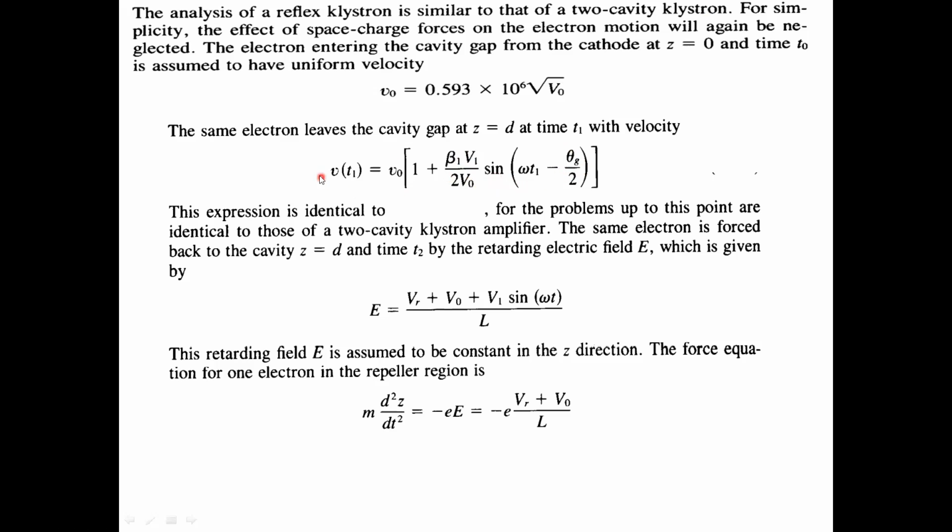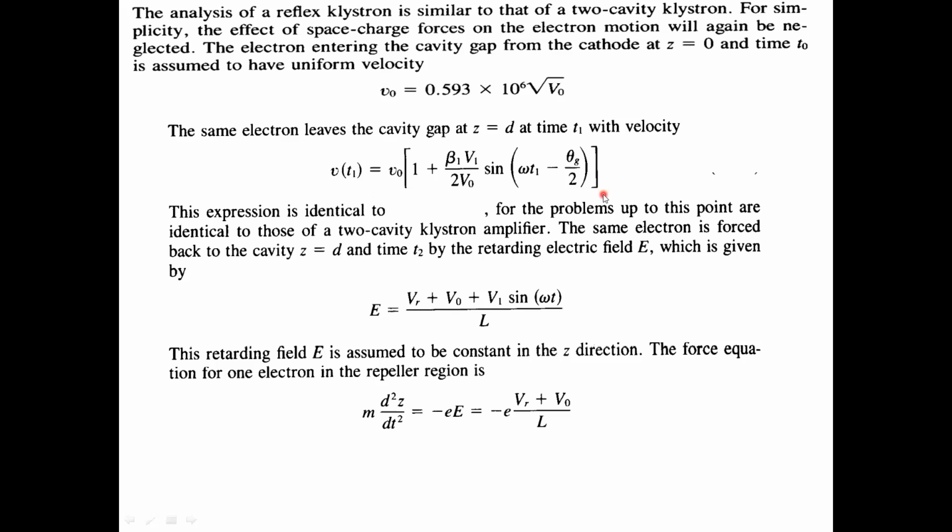So this is the equation for the early electron, the electron that leaves the gap at z equals d and t equals T1. That is the velocity of the electron at T1. So take a snapshot.